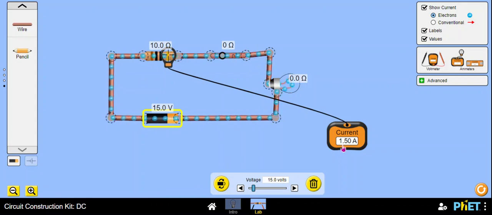Now we're going to see the effect it's going to have on the current in the circuit. The current in the circuit is a dependent variable because whatever happens here, we are looking at what happens to the current. And of course, you remember that in any experiment, you change one thing at a time and measure the behavior.